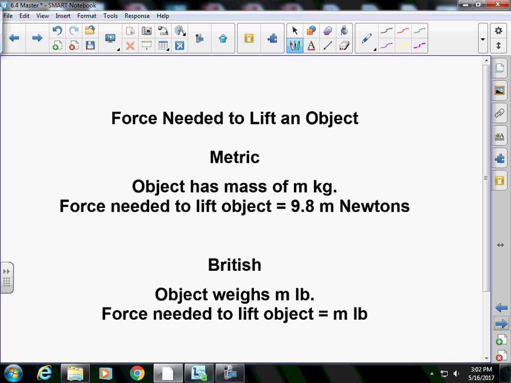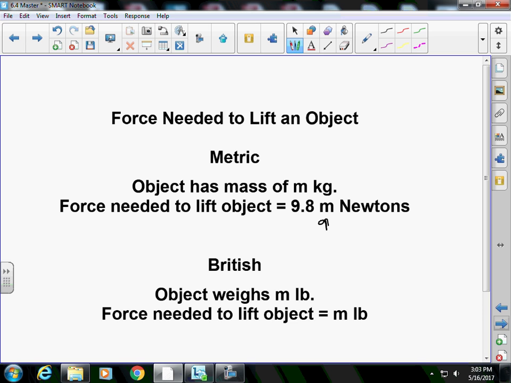Now, force needed to lift an object is a little different. When we're dealing in metric, we have to talk about the mass. The object has a mass of m kilograms. The force needed to lift the object is equal to 9.8 times that mass. So mass does not include the effect of gravity.